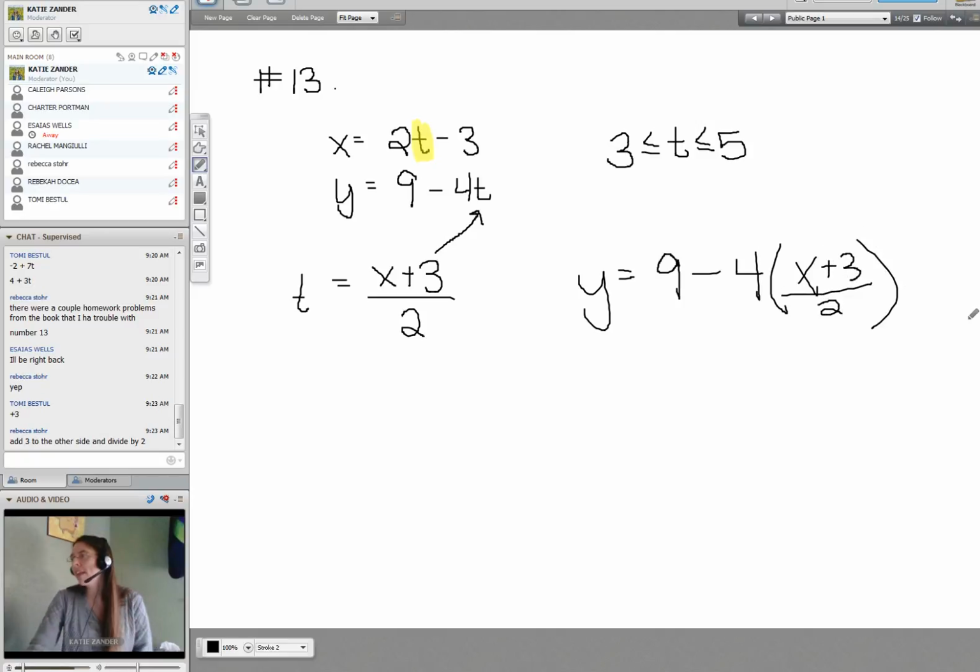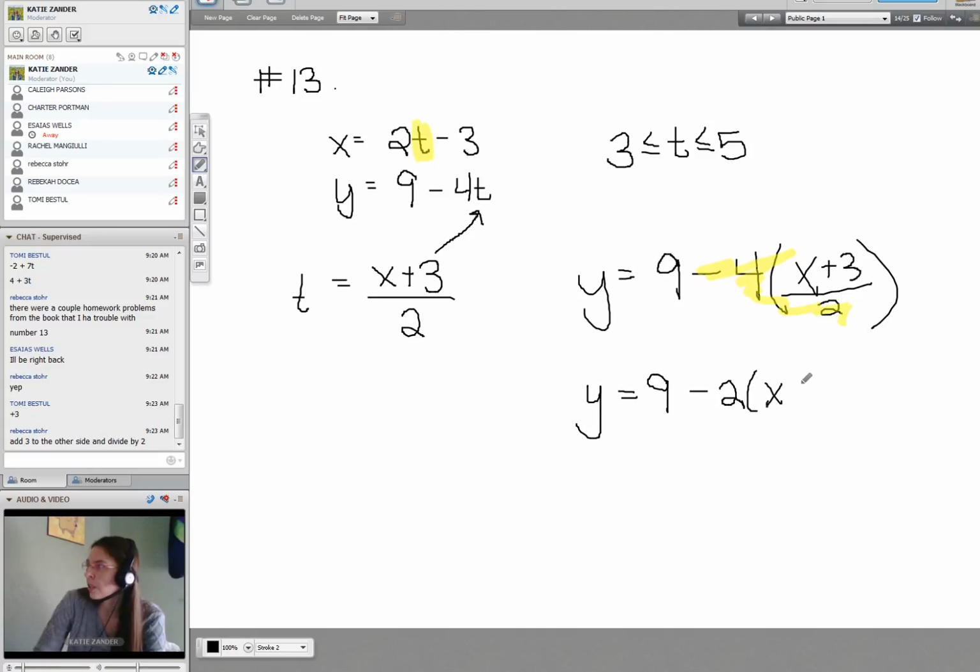Now to simplify this, I notice I have a negative 4 divided by 2 here. So technically what we can do to clean this up a little bit is simplify that to a negative 2 on the outside. So 4 divided by 2 is 2, and then distribute the negative 2 through the parentheses.